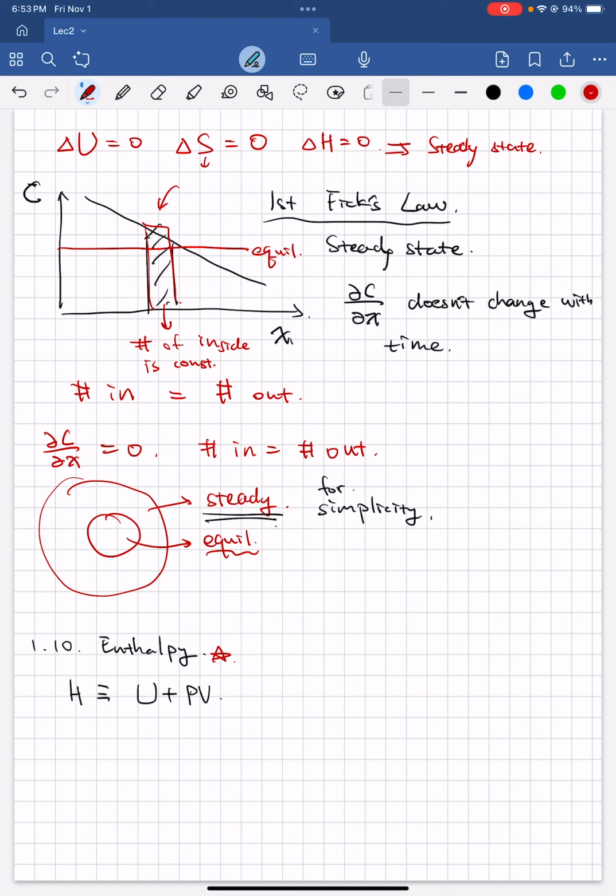Anyway, let's go back to the first law. Delta U equals Q plus W, right? And I told you that Q is a path function. Now, we already know how to change this into a state function. I told you in the last lecture that we want to change both of these path functions into state functions.